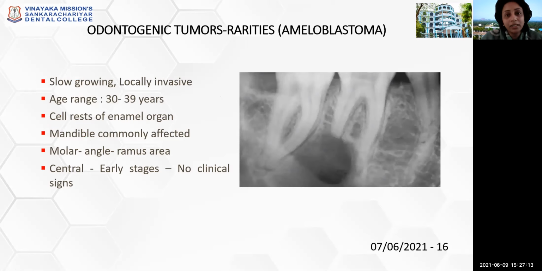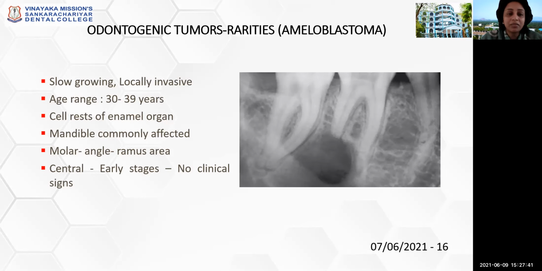There are a few other lesions classified as rarities, although these lesions also mimic or give a periapical radiolucency in their early stage. Under these, there are malignant tumors like osteosarcoma and adenoid cystic carcinoma, which are considered rarities because they mimic a similar radiolucent appearance at the apex of the teeth.